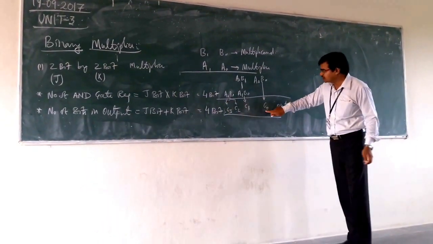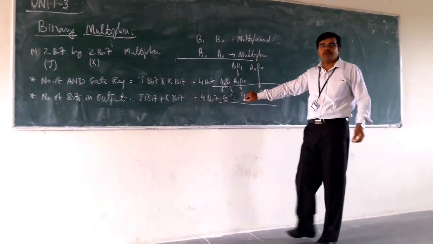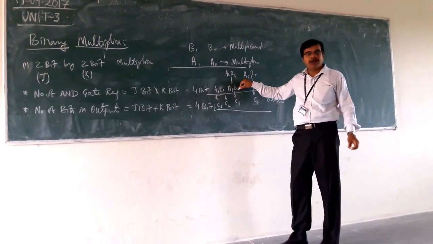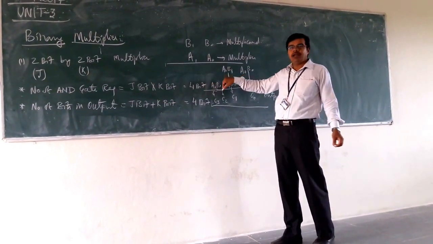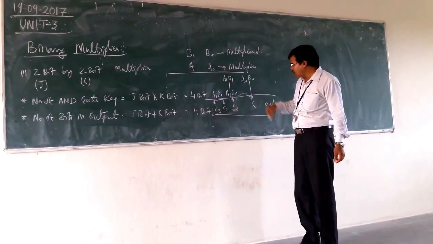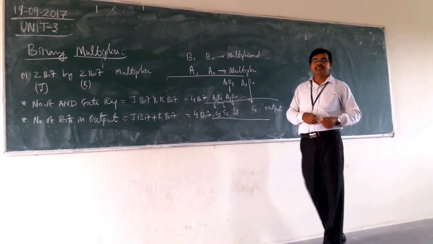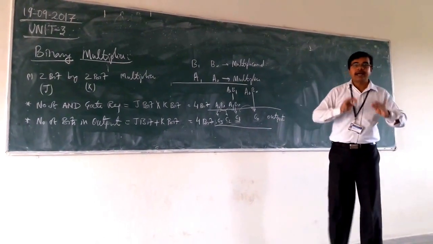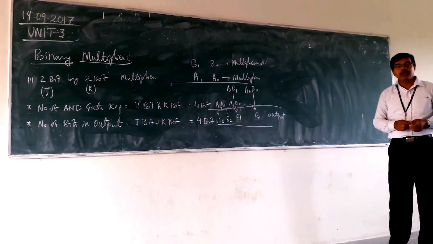C0 is directly your A0, B0. C1 comes from your A0, B1 and A1, B0. And C2 and C3 come from your A1, B1. So C1 depends on C0, and C2 and C3 also depend on C1. Having these basic guidelines, we can now go for the designing of your binary multiplier.